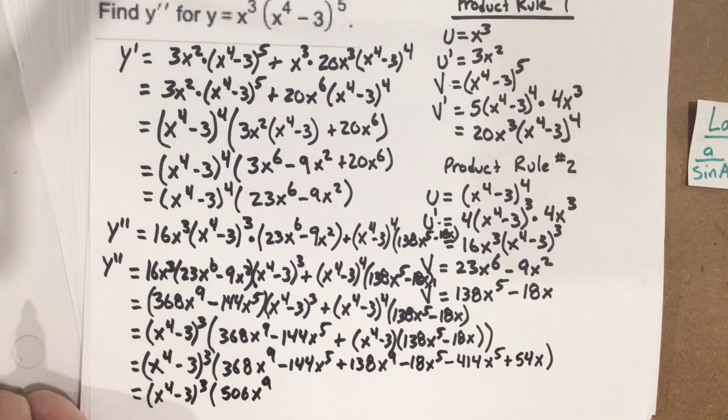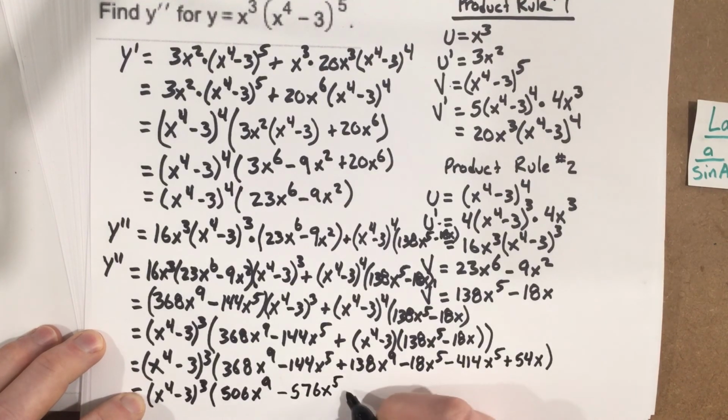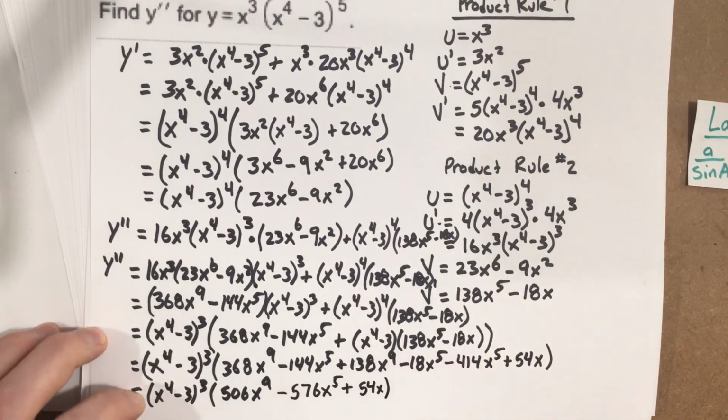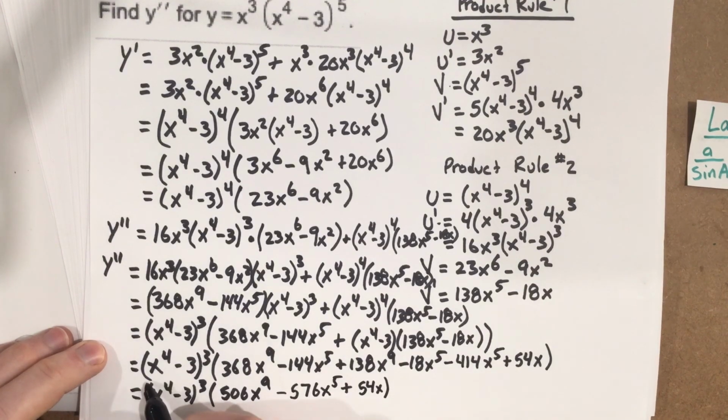So negative 144 minus 18 minus 414 is negative 576x to the fifth, and then plus the 54x. And that is our double derivative answer for this problem.